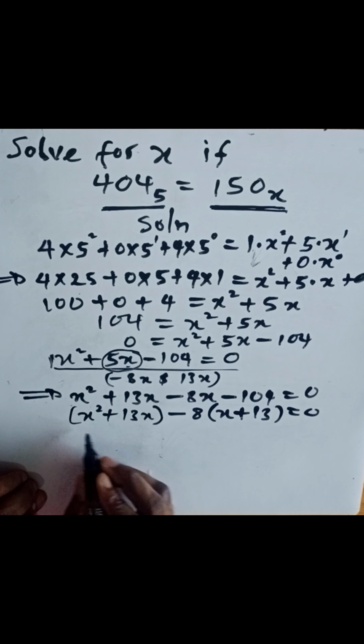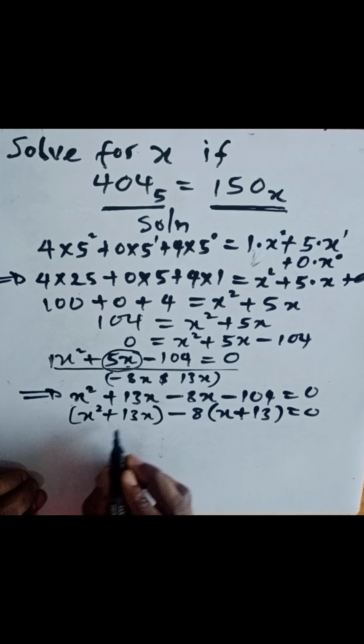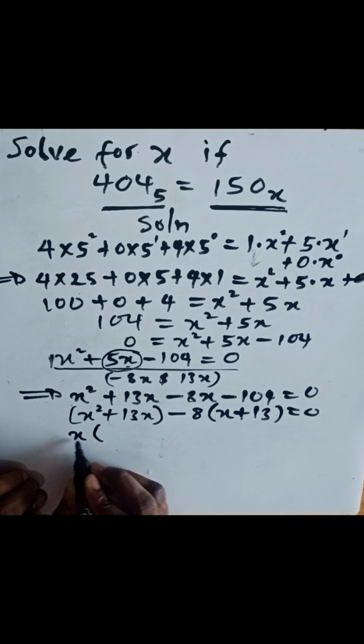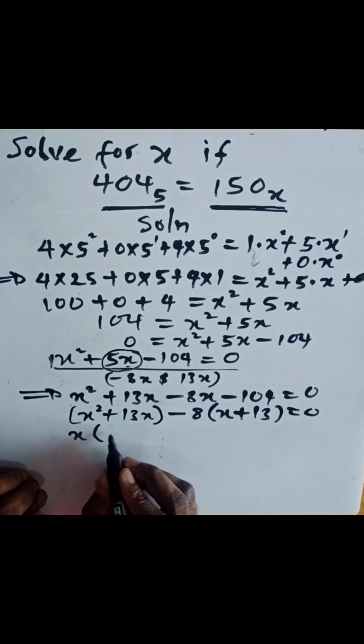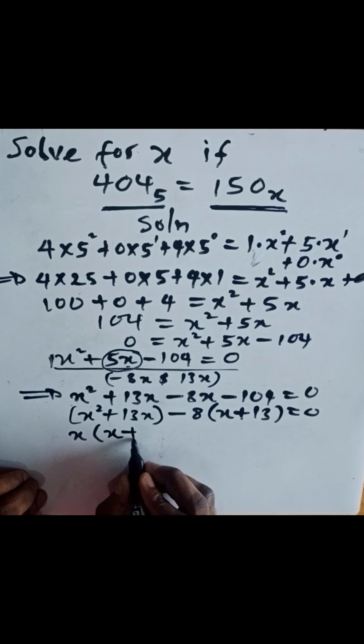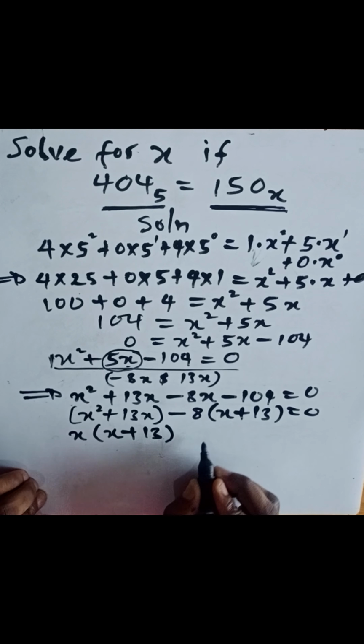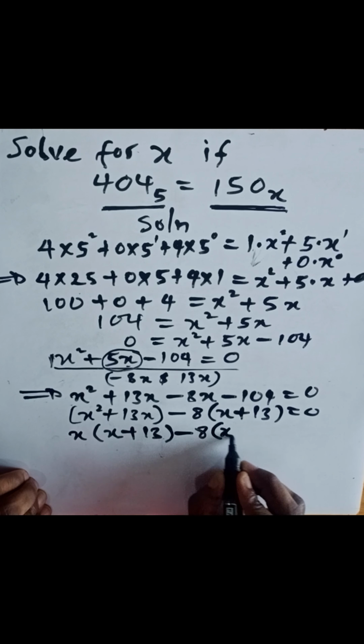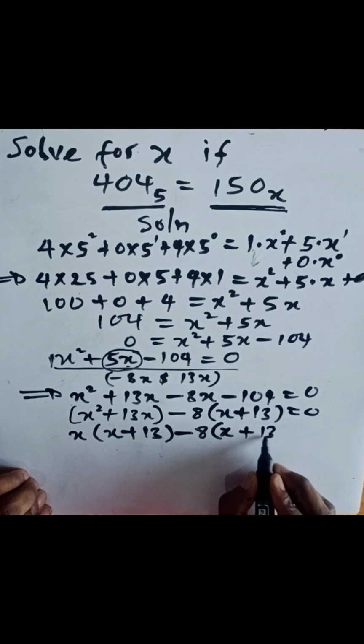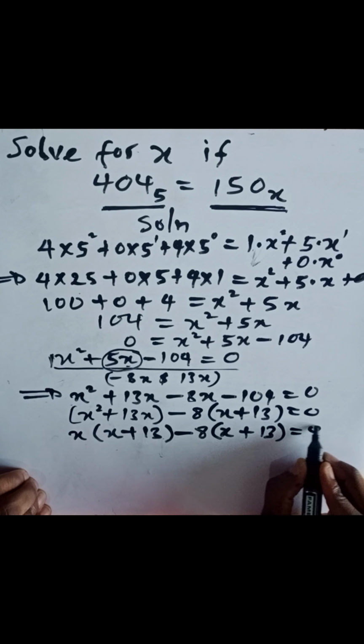In the first group, you have x as a common factor. You factorize that x out. So x squared divided by x will give you x, plus 13x divided by x will give you 13. So minus 8 in bracket x plus 13, close the bracket, equals 0.